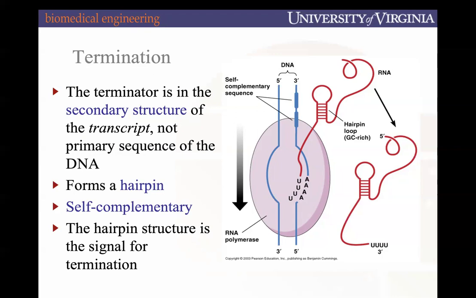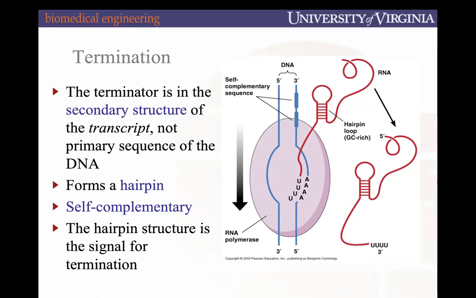Because they're self-complementary, and because it's often energetically favorable for nucleotides to anneal together if they are complementary, this self-complementary sequence will cause, for example, if we have CCCCC, another sequence of RNA that's synthesized, and then GGGGG, they will bind, looping around and binding upon itself, creating this hairpin structure within the mRNA that was just synthesized.